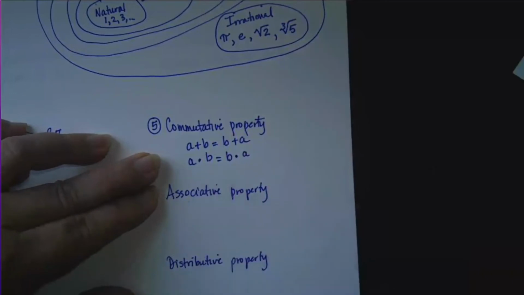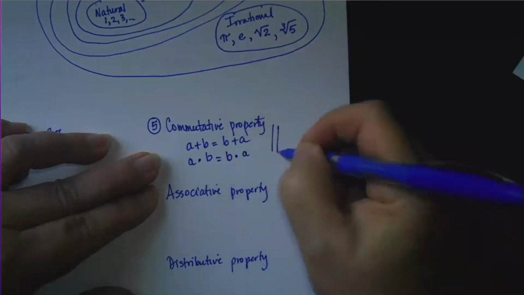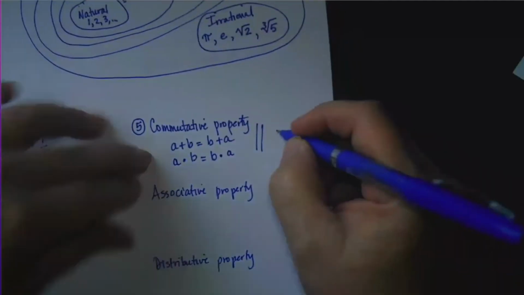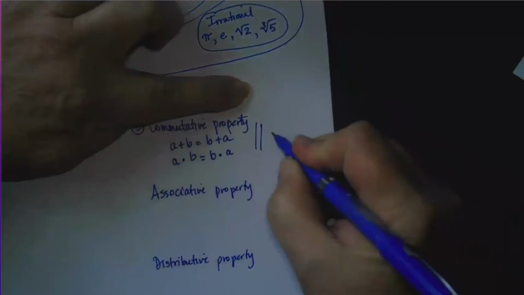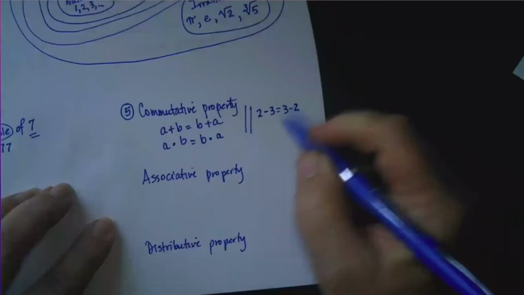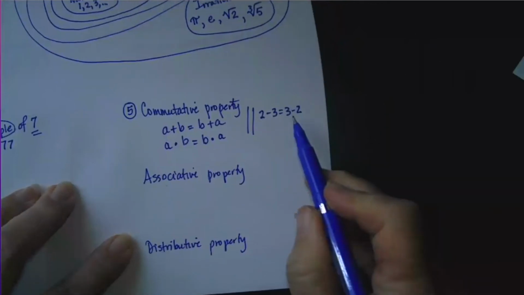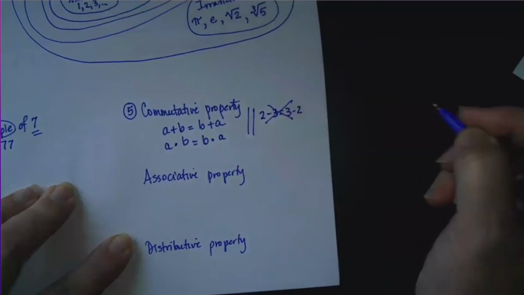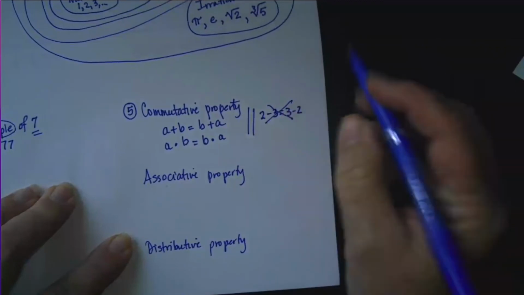Now, it's important for you to know that subtraction does not hold true. In other words, 2 minus 3 is not the same thing as 3 minus 2. 2 minus 3 is -1. 3 minus 2 is 1. They are not equal. So you don't have commutative property over subtraction.